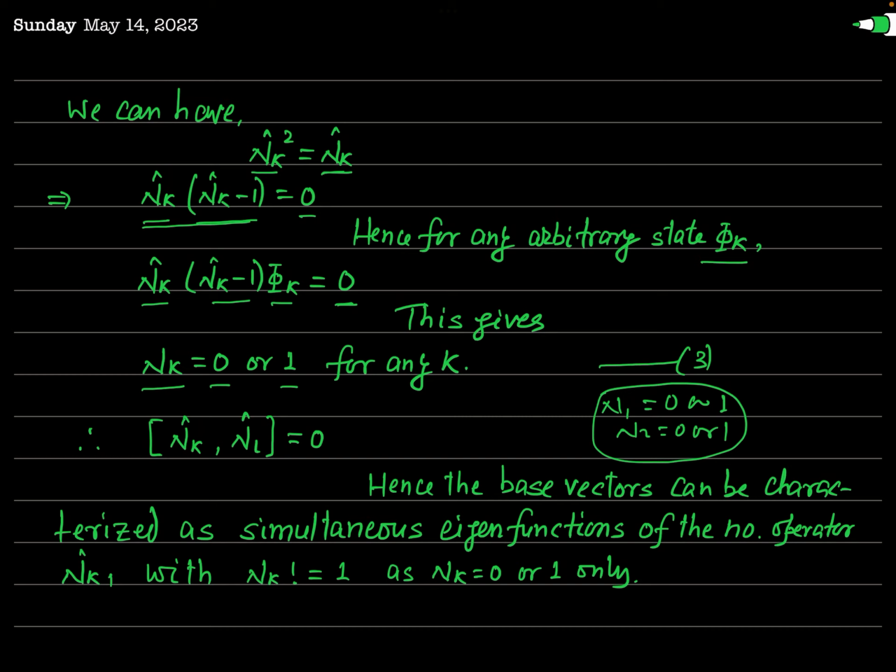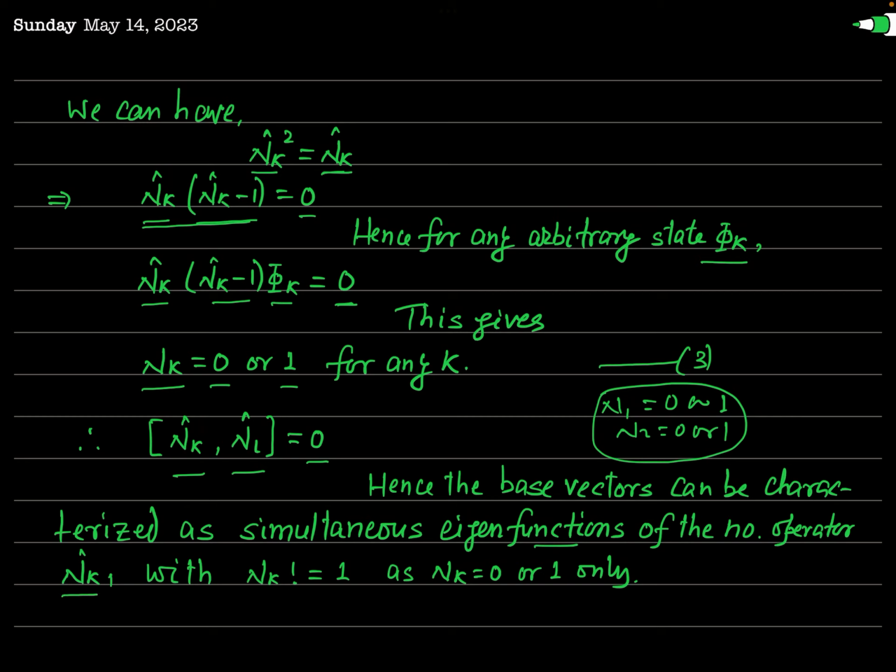And so you can see that since the values of this operator n_k hat are equal to either 0 or 1, it is evident that the commutator of the operators n_k hat and n_l hat will be equal to 0. Okay, and actually this result means that the base vectors can be characterized as simultaneous eigenfunctions of the number operator n_k hat.